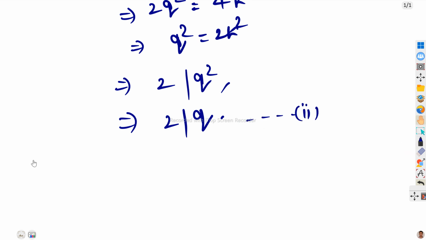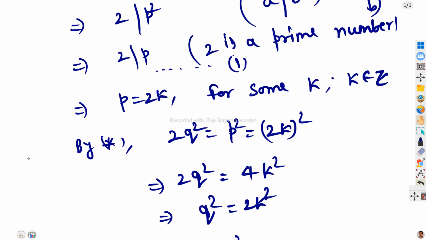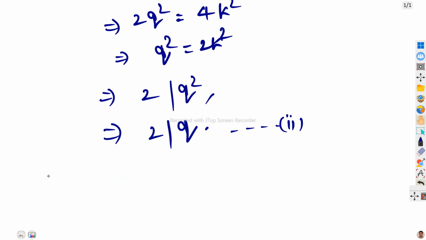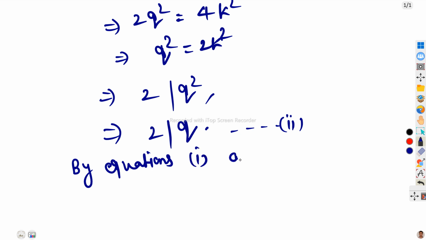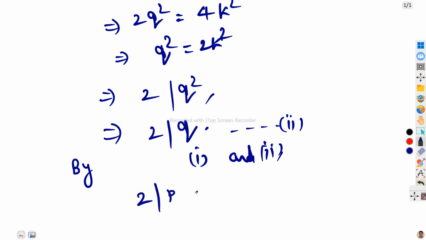By equations 1 and 2, we have seen that 2 divides p and 2 divides q also.